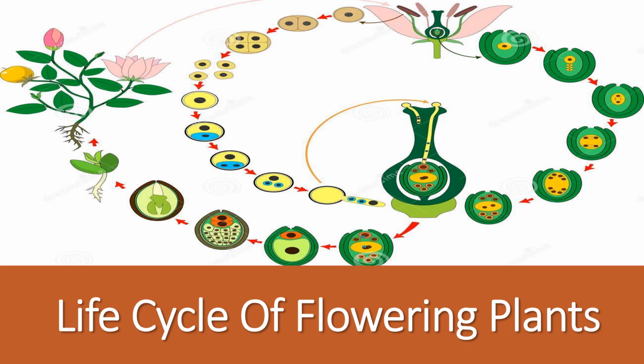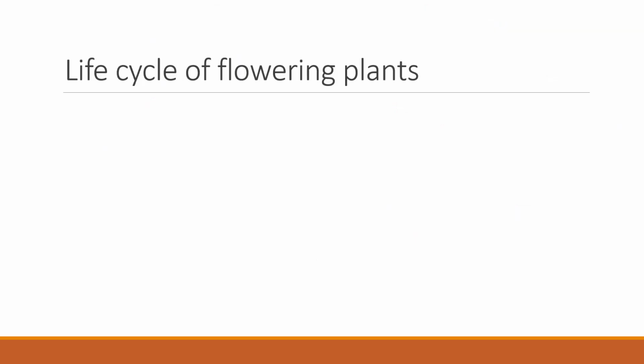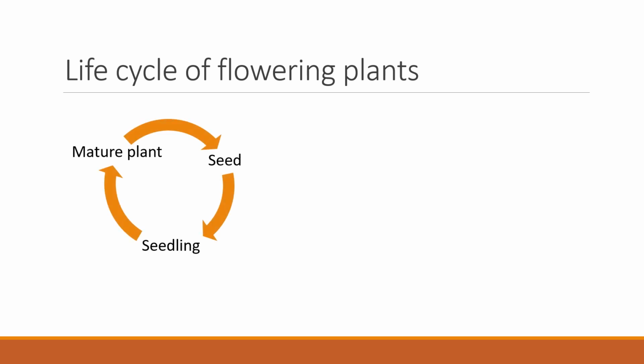So earlier we discussed the life cycles of animals. If you consider plants, flowering plants and non-flowering plants also show a life cycle during their growth period. Here in this diagram, it shows the life cycle of a flowering plant.